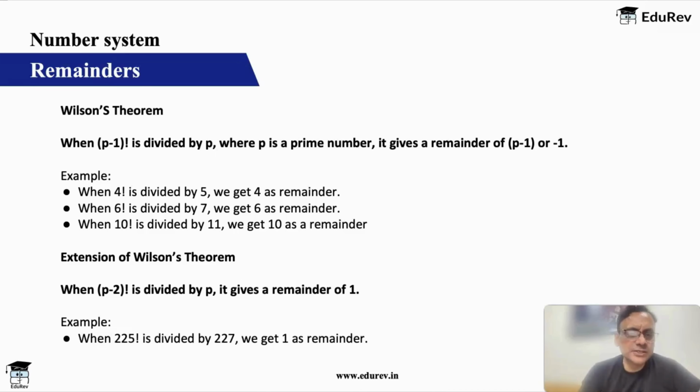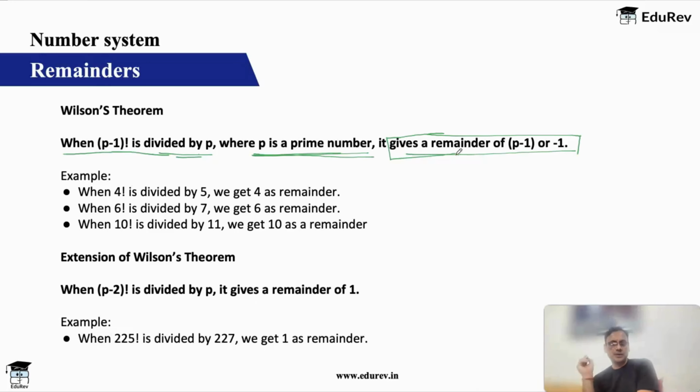Okay, so Wilson's theorem says that when (p minus 1) factorial is divided by p, where p is a prime number, it's important, p must be a prime number, then it gives a remainder of p minus 1, or minus 1. Your remainder is p minus 1 or minus 1.